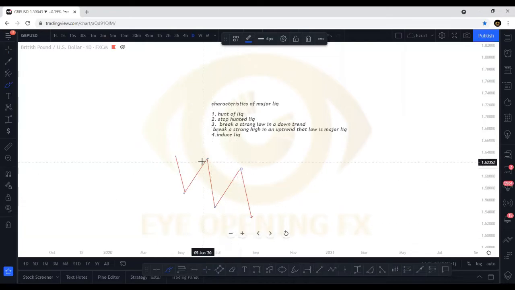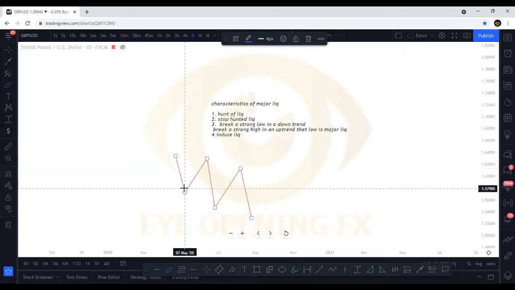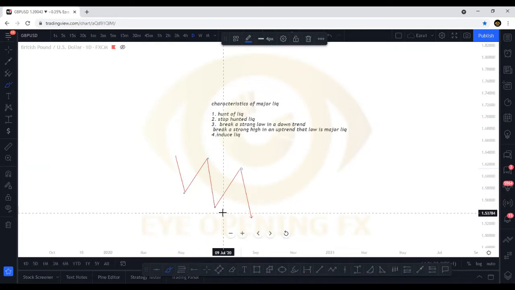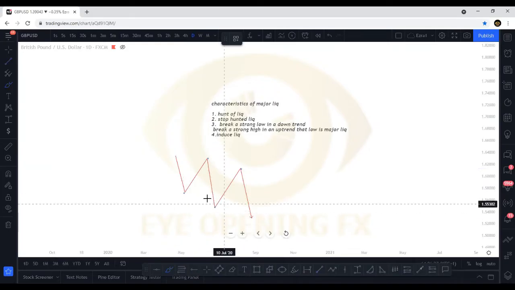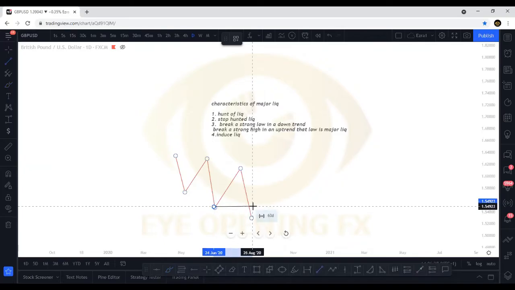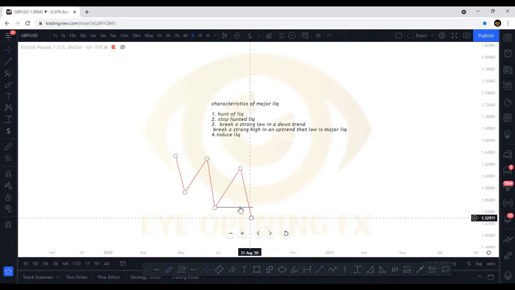The major liquidity is the one that we don't expect the market to reach, while the lower ones, the external liquidity, are the liquidity that attracts price. So those lows are what we call external liquidity.